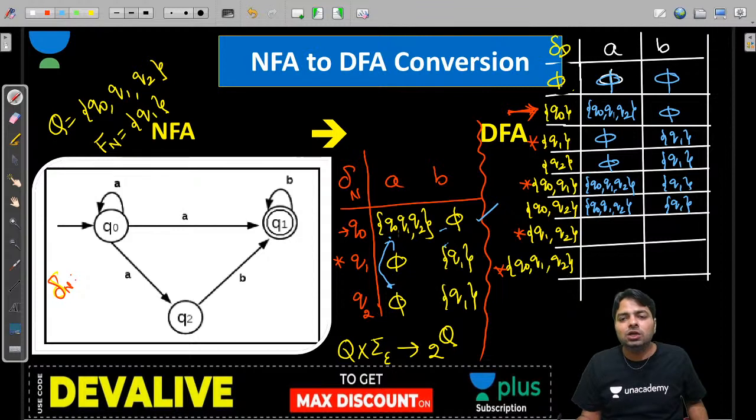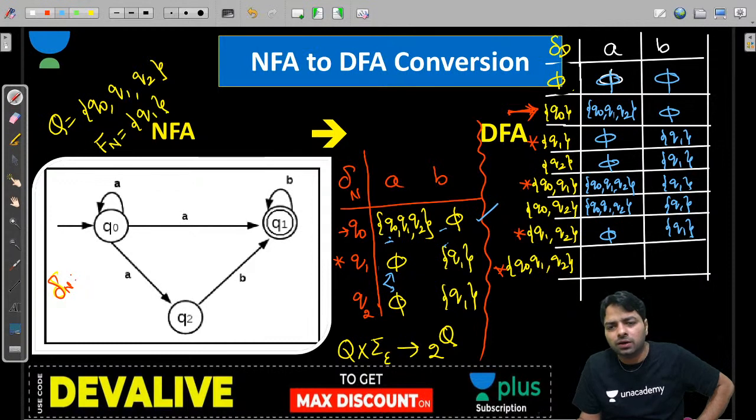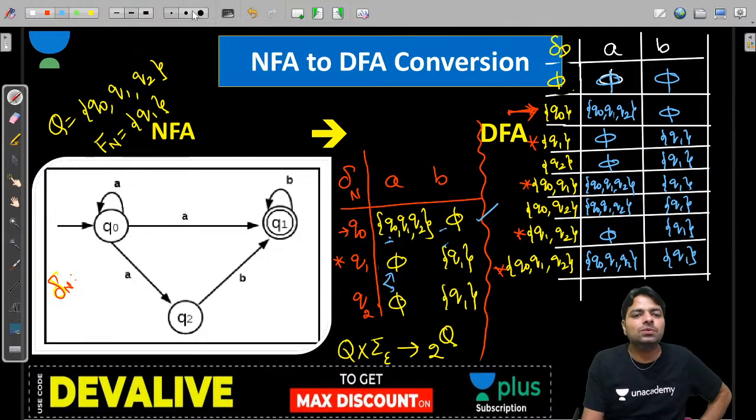And similarly, after this Q1 Q2: do the union of these two, phi, and then Q1 union Q1. Then finally you will have the union of all three: Q0 Q1 Q2, and phi union Q1 union Q1, that's Q1. Now this is your DFA.